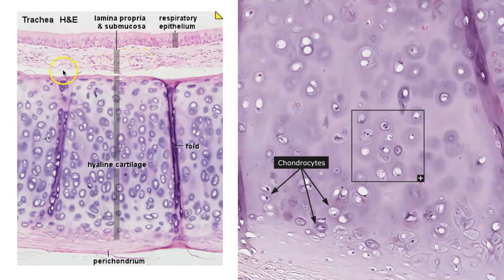It's going to be a perichondrium that is going to surround the cartilage. Here's your hyaline cartilage. You see the lacunae. You see the matrix has that glassy, translucent look. Here's a close-up. Look at that matrix. Glassy, translucent. This is hyaline cartilage.